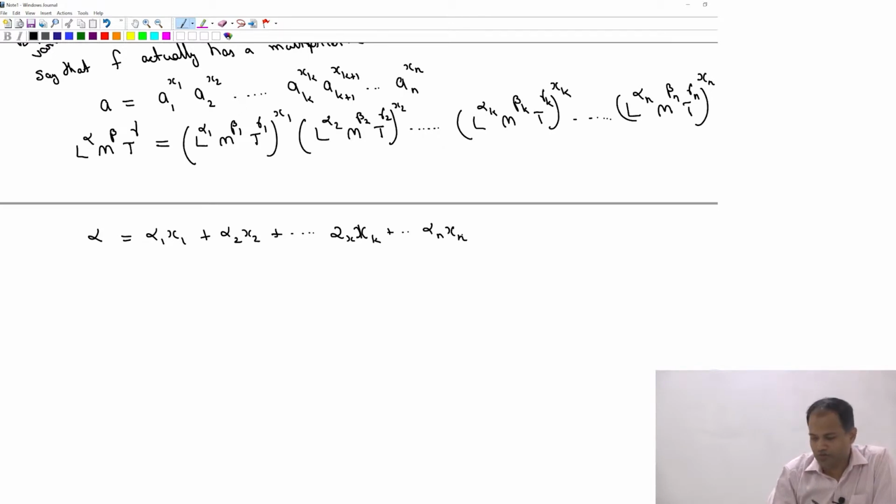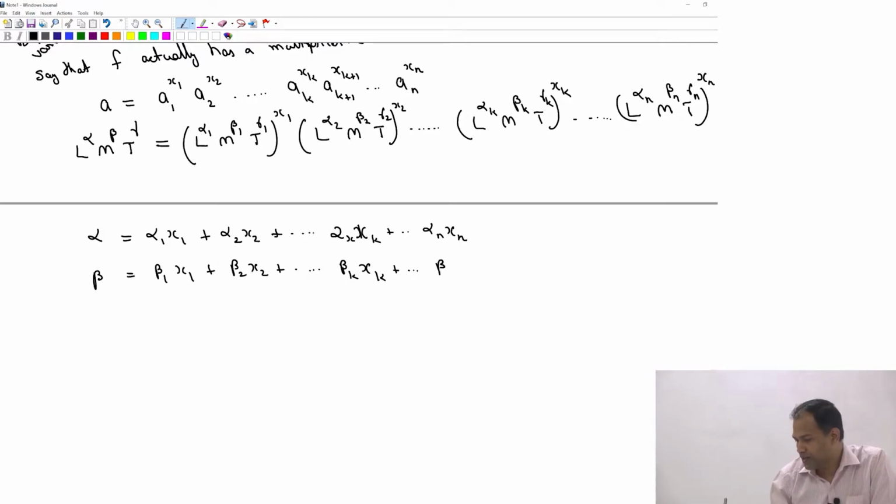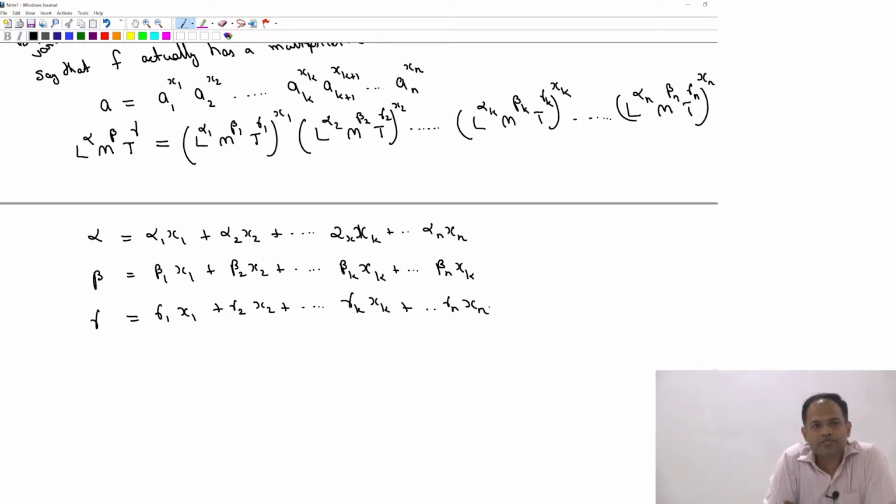If I equate the powers of mass, I'll get beta equal to beta 1 x1 plus beta 2 x2 plus etc., beta k xk, beta n xn. Gamma is equal to gamma 1 x1 plus gamma 2 x2 plus etc. Just three equations, where we do not know what x1, x2 and so on are.